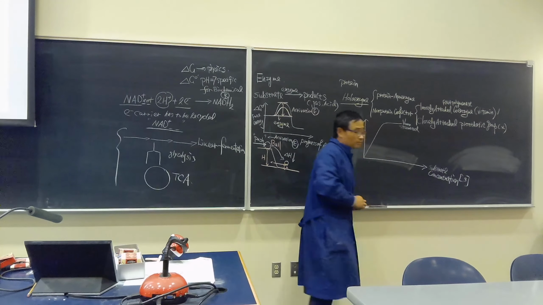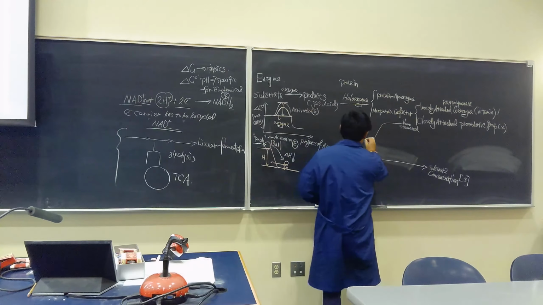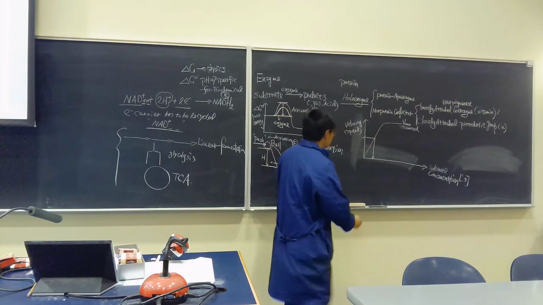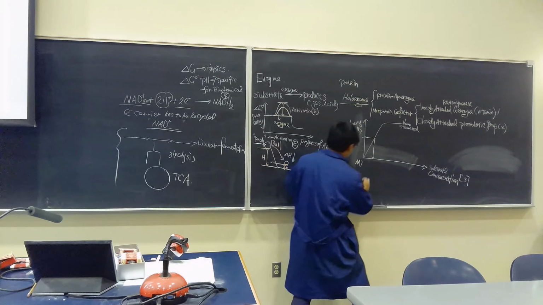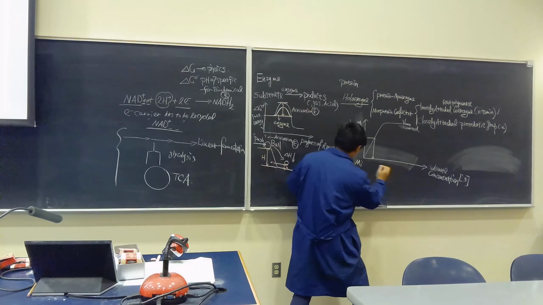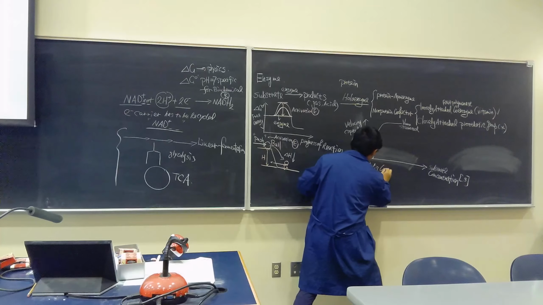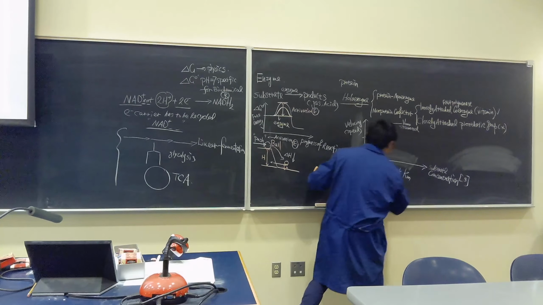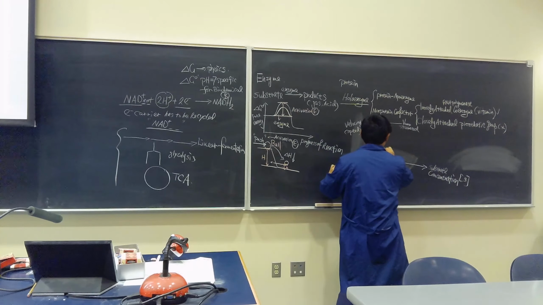Now, what we are more interested in is something right in the middle. This comes out with a very important concept in the enzyme science area called the Michaelis constant, which is Km. What does Km mean? It is right here.